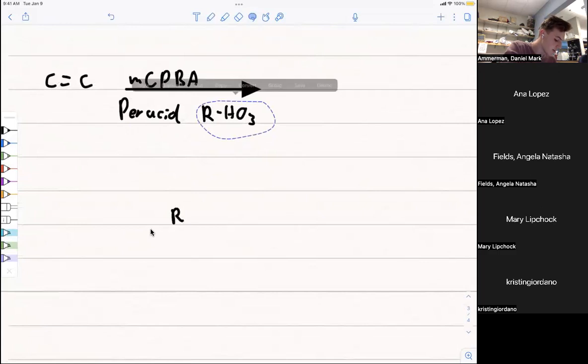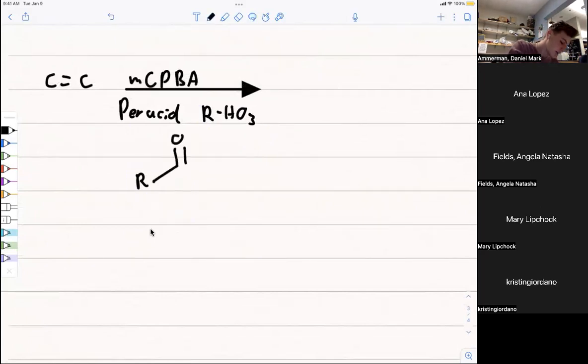Again, she changed things slightly since mine, but it would be like this. That's a peracid, like that CO3H structure, that's this. And sorry, there's a carbon in there.